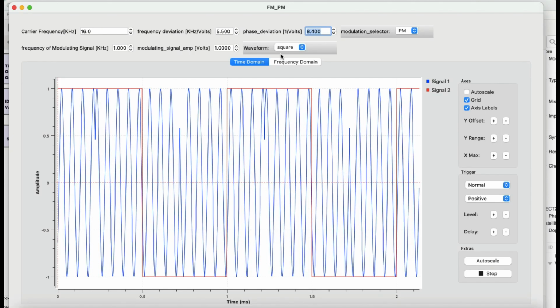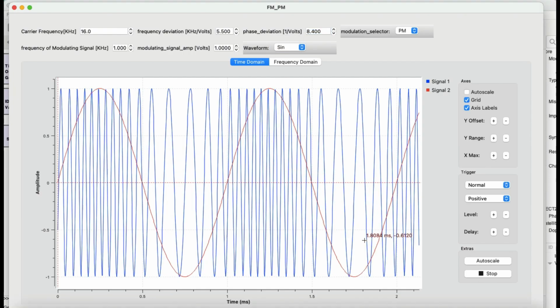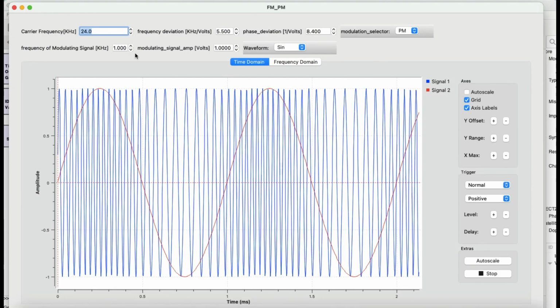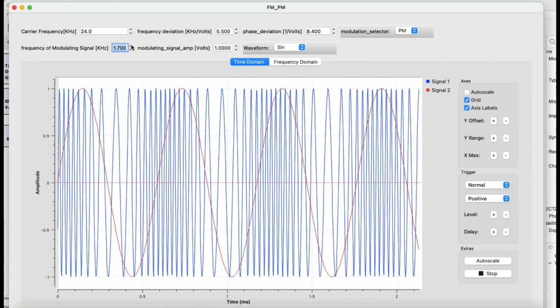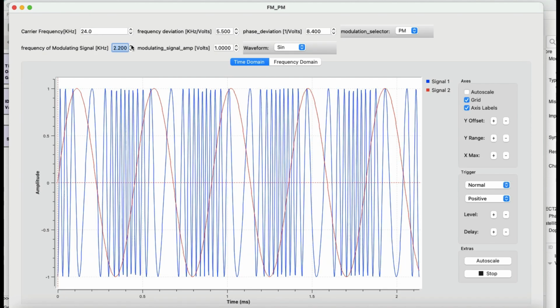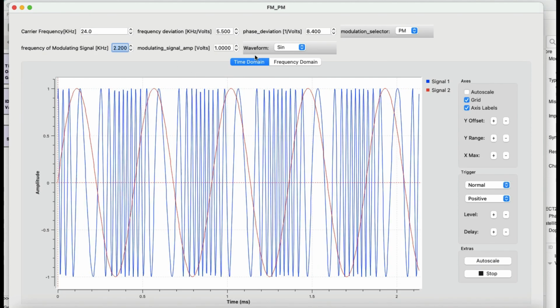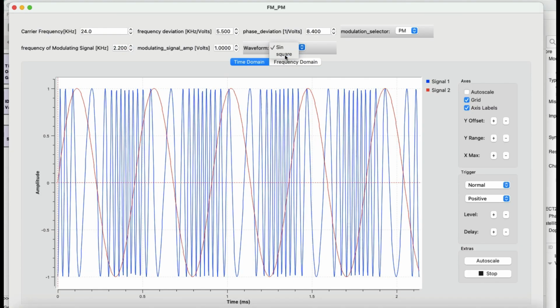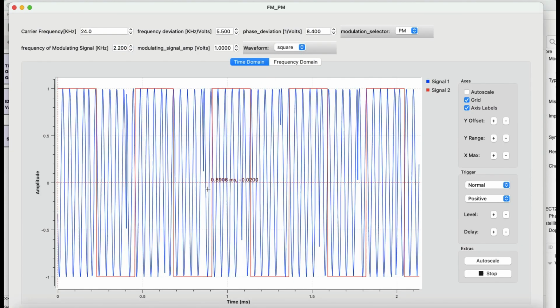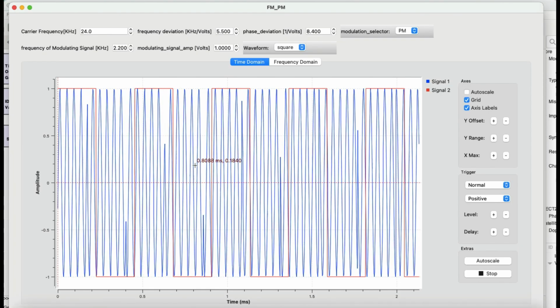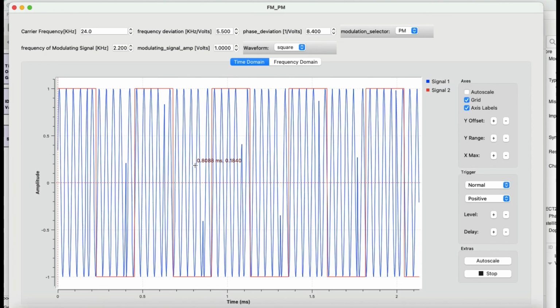You can clearly see it in a square wave, but when you select sine wave, it's hard to actually see unless you try to increase the modulating frequency, and then you will start seeing that there is a phase difference. But in the square wave, it is clear to see that there is a change in phase when the transition is happening, either going from high to low, low to high, and so on.